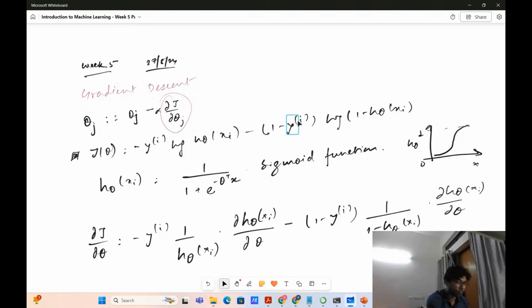One thing here: there will be 1 minus h theta, so we're taking the derivative of minus h theta.